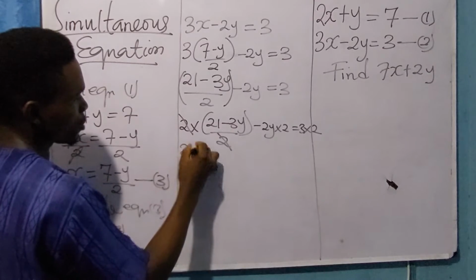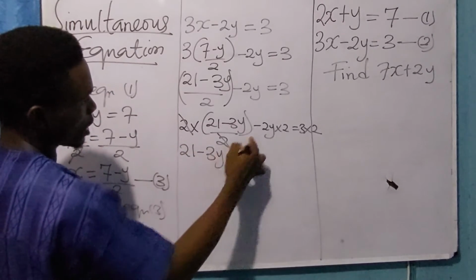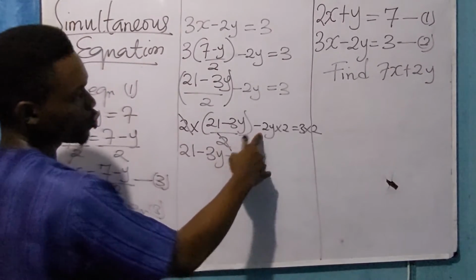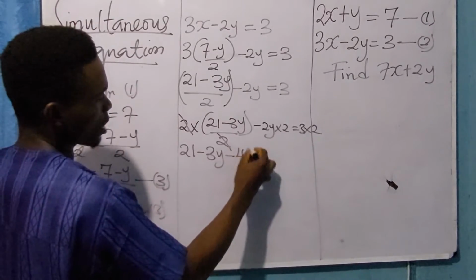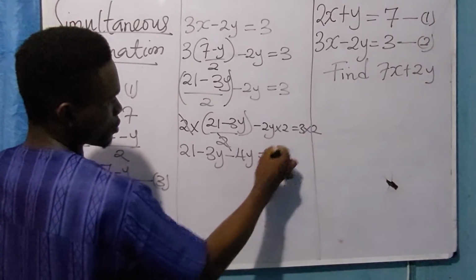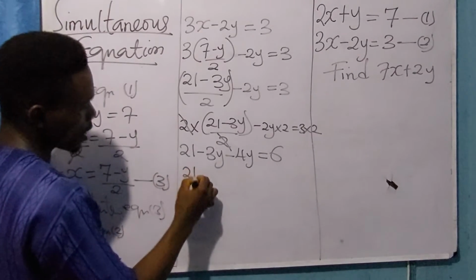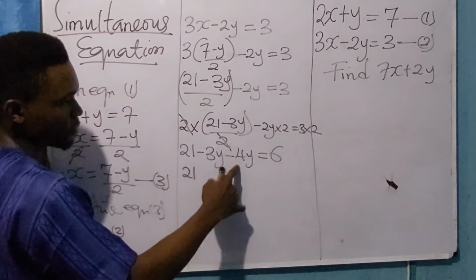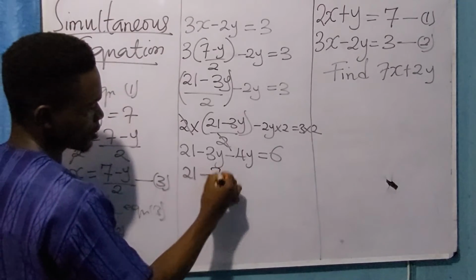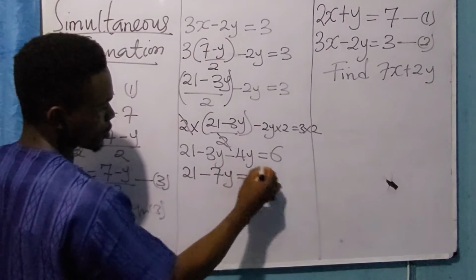You now have 21 minus 3y minus 4y equals 6. Now, 21 minus 3y minus 4y is 21 minus 7y equals 6.